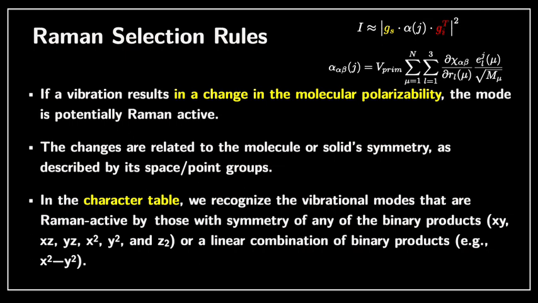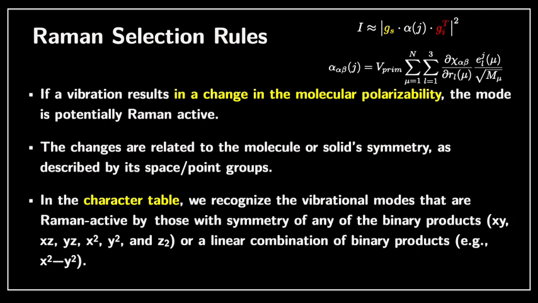It turns out that to be Raman active, a certain representation of a vibration has to transform like a binary product, like xy, yz, xz, x squared, y squared, z squared. The reason for that is, of course, because the first derivative of the dipole has to be non-zero. Let me try to give you a hand-waving argument for this. The dipole moment between two charges depends on the distance between them, right?